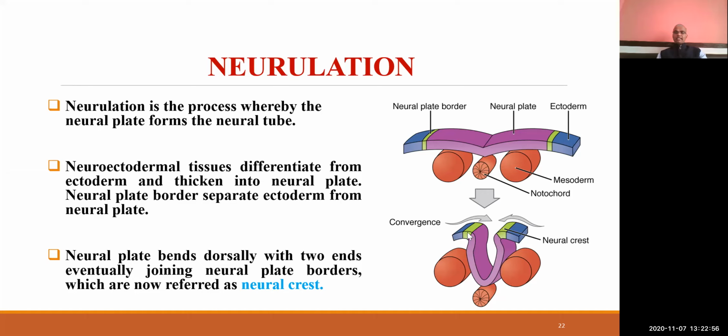So the neural plate bends dorsally, with two ends eventually joining. These neural plate borders join to each other. The borders from the left and right sides join to each other and form the neural crest.